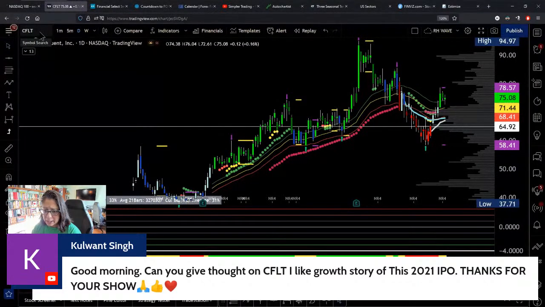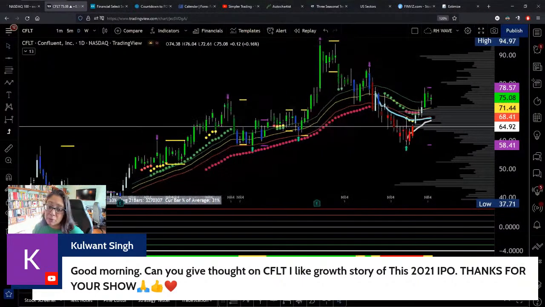Thanks for being here. So, in terms of structure, regardless of whether it's a growth story, regardless of whether it's an IPO, regardless of whatever the surrounding information is, structure over everything. When you have a stock like this with a fairly recent born on date, you always want to know where it is in relation to its VWAP.